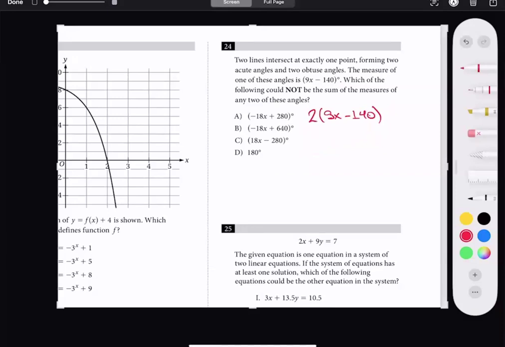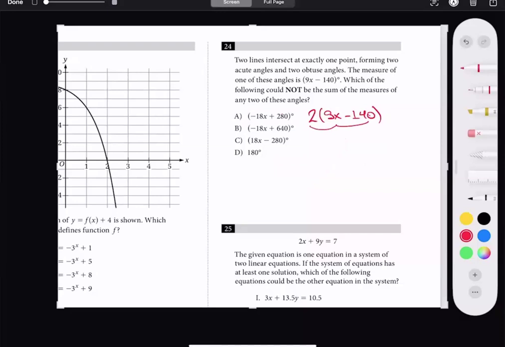Okay, what else? Then I found the opposite of that because it can't be 0. It has to be a positive number. Okay, so when you did twice this one, you tested A, right? 2 times the other one needs to be 180, or 360, sorry.